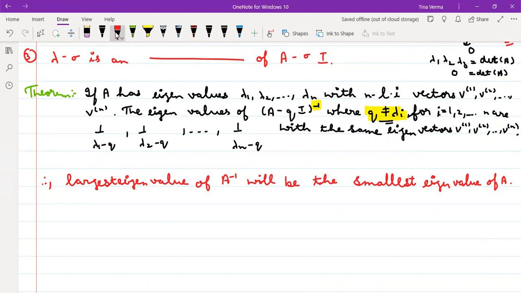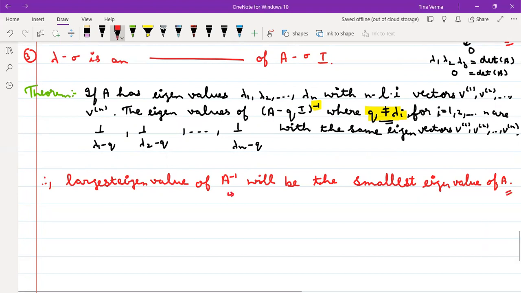So you can notice over here कि अगर आपको smallest निकालनी है वैल्यू, पावर मेथड आपको देता क्या है? सिर्फ लार्जेस्ट आइगन वैल्यू. अगर आप पावर मेथड A इनवर्स पे लगा दोगे तो A इनवर्स विल गिव यू द लार्जेस्ट आइगन वैल्यू, दैट विल बी द स्मॉलेस्ट आइगन वैल्यू.